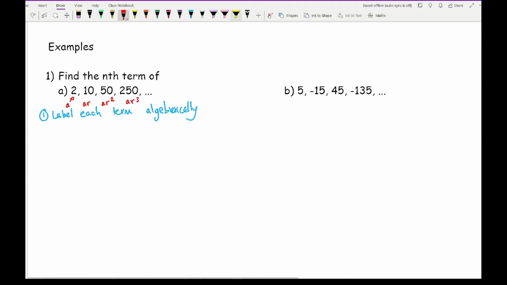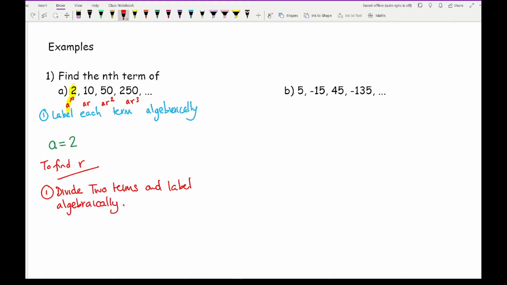So from this, I can see straight away that a is going to equal 2. Now to find r, all you need to do here is simply divide two terms and label algebraically.